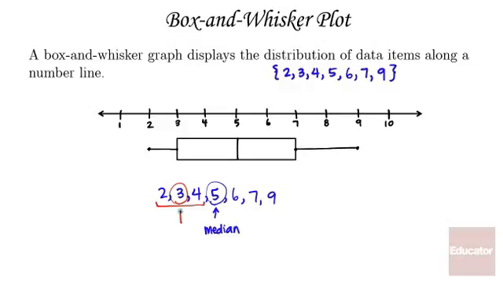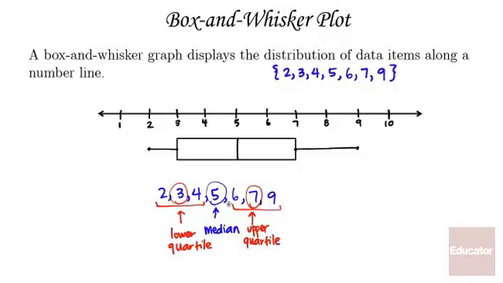That number is called the lower quartile, because it's part of the lower set. Same thing for the other side. Between those 3 numbers, the median is going to be 7. That is called your upper quartile.